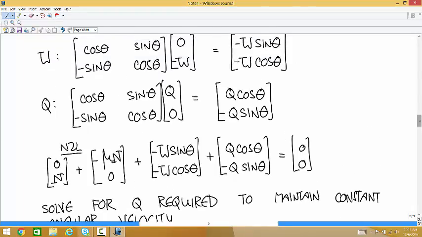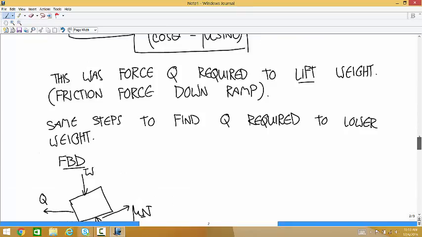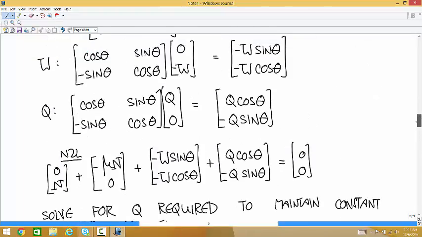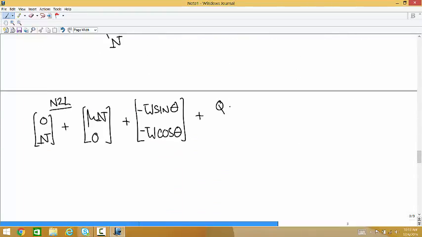Negative W sine, negative W cosine. And the Q force is opposite what it was before. So Q cosine theta, negative Q sine theta. And that's equal to zeros.